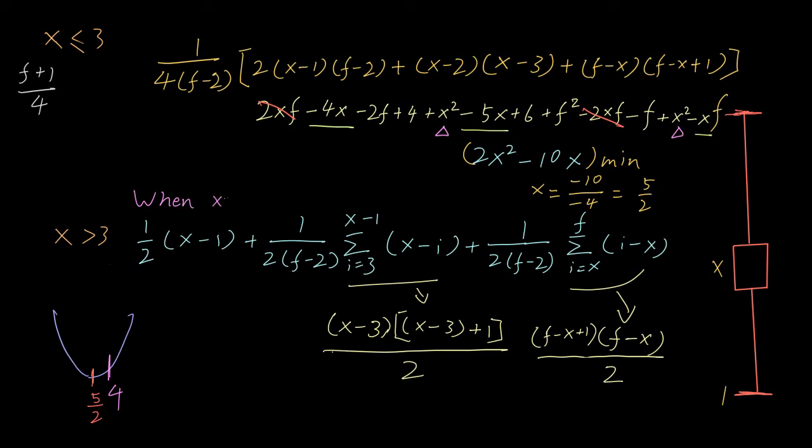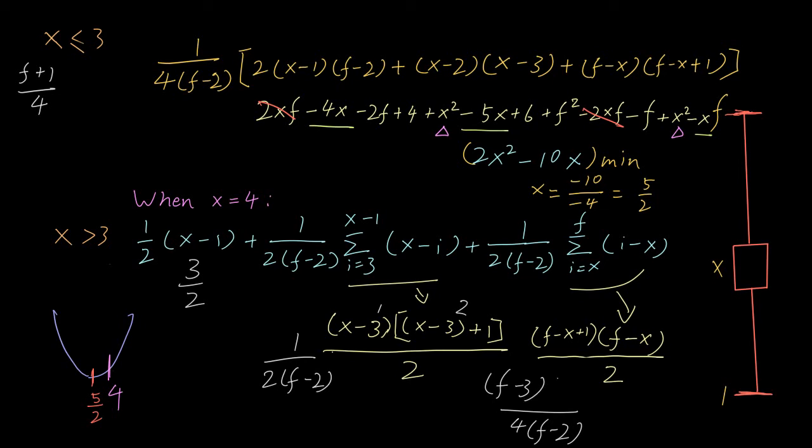So when x is equal to 4, this first part is 3 over 2, and the second part, that's 1, that's 2, and that'll be 2f minus 2 under 1. And the third part will be 4f minus 2 under f minus 3 and f minus 4.